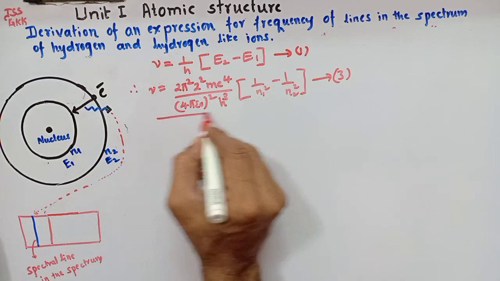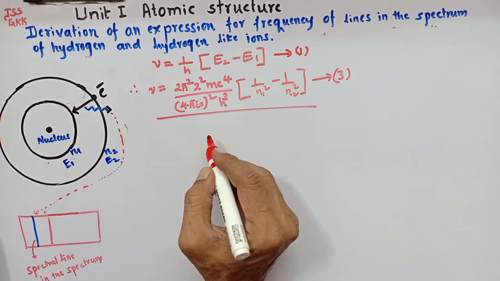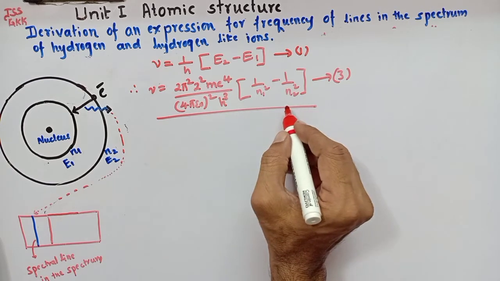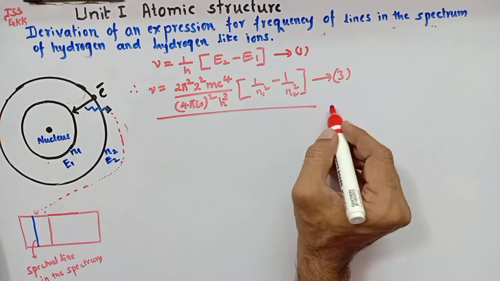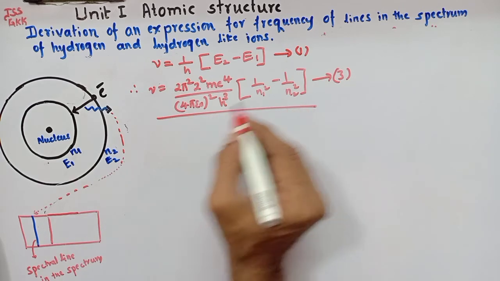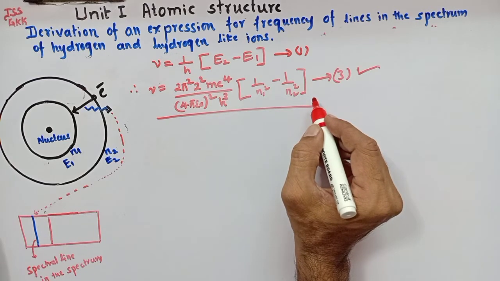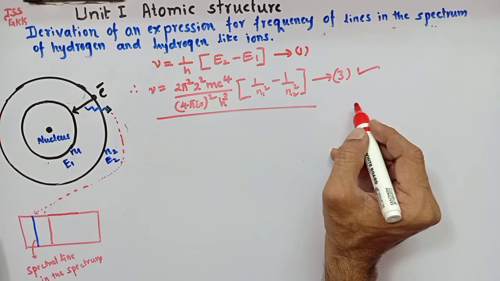This is the equation or expression for the frequency of lines, or the frequency of emitted radiation, in the hydrogen spectrum. That means equation 3 is known as the expression for the frequency of a line in the hydrogen spectrum.